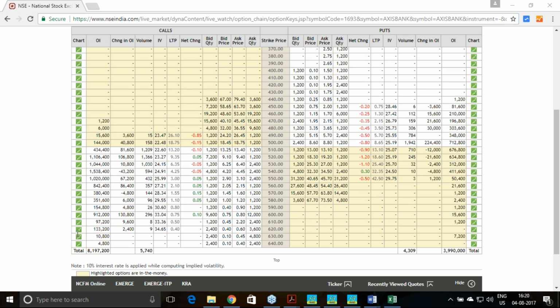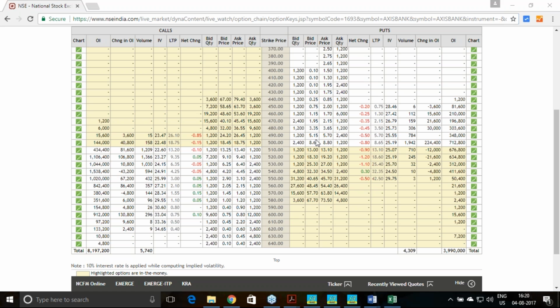Bull spread, Vinayak Patel ji has said bull spread. Any other strategy? Bull call spread. Om Prakash Kothari ji has given a little more clarity. Are all agreed with this bull call spread above 516?